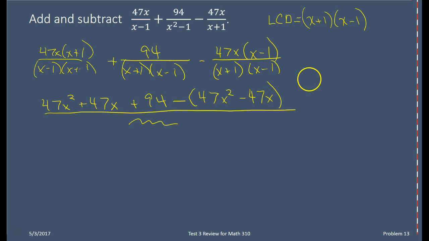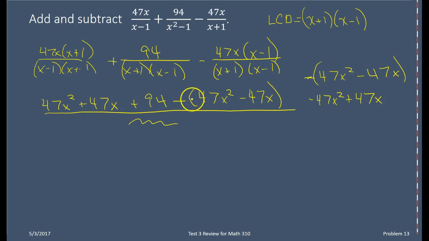So I'm going to take this last term, minus 47x squared minus 47x. I'm going to simplify it over here. Negative 1 times 47x gives us negative 47x squared, and negative 1 times negative 47x gives us positive 47x.